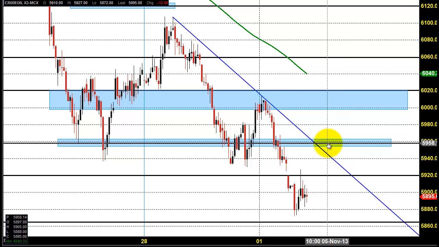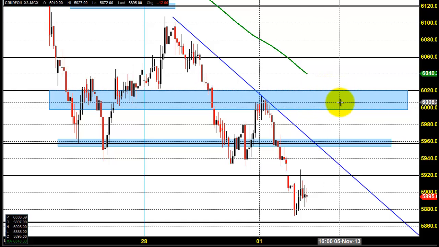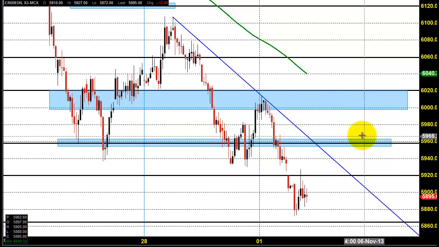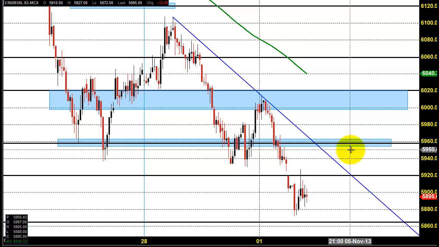If the price is trading above 5960, we know that earlier many traders wanted to make this a support zone and tried to buy. In the same way, most of the traders will try to buy. That will push the price up till the key zone of 6000 and 6020, where the market will decide the trend. That is the reason we want to make it very clear, till this 5960 you can go for selling.